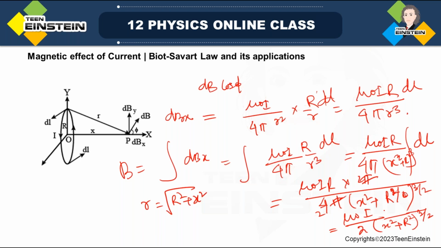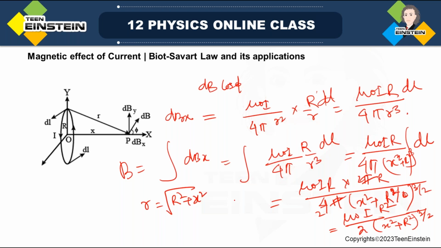Okay, so one more thing will be there. So this will be R square. Okay, so 2 pi R we are getting, 2 pi R, not 2 pi. So that's why it will come as R square, with one R here.